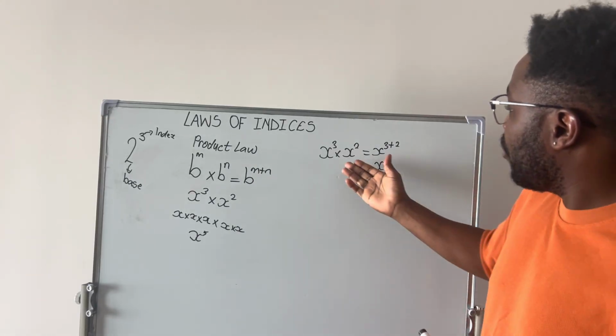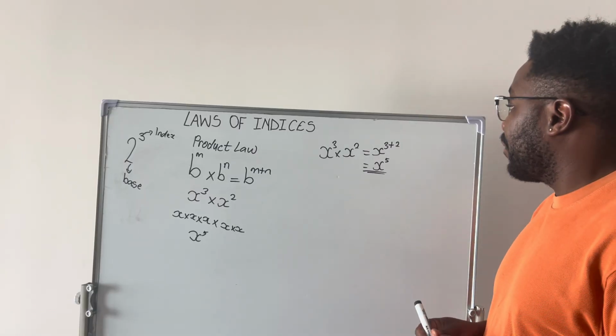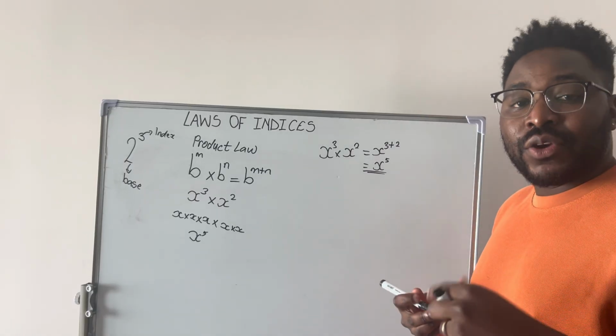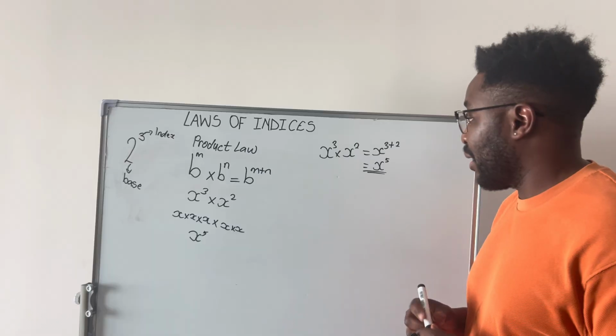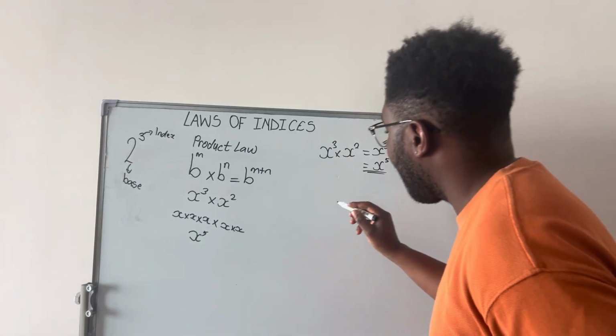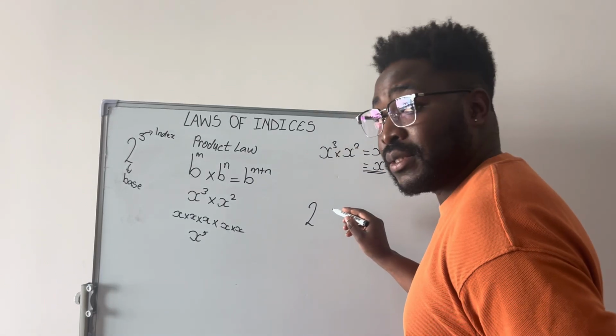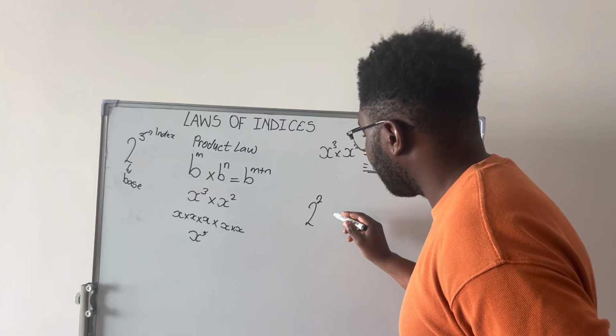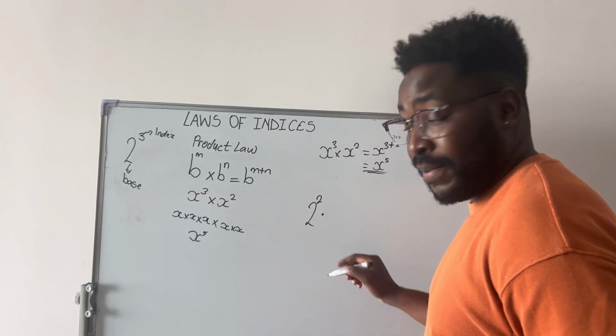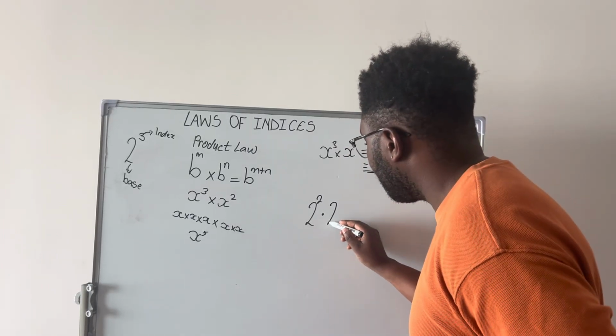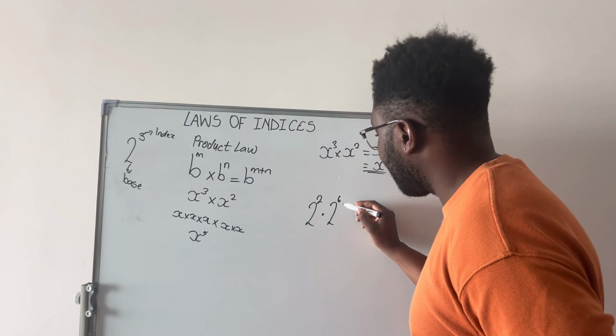We used a variable to solve this expression. Now let's try to use whole numbers. Let's say we have 2 to the power 2 multiplied by 2 to the power 6.